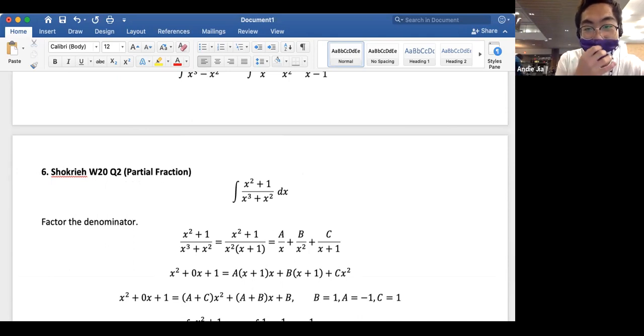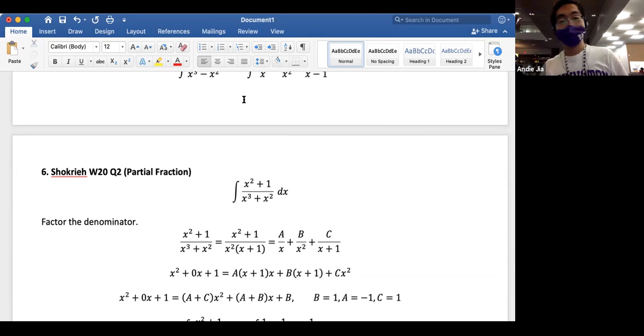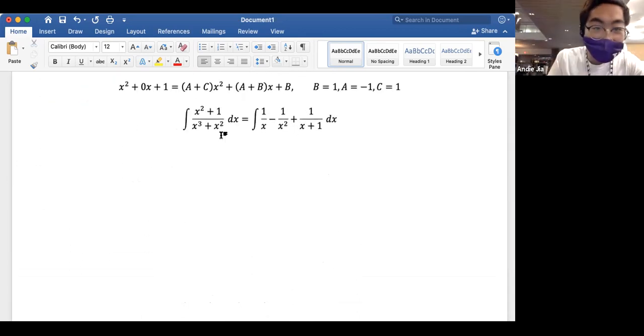You have 45 minutes. If you want more partial fractions, put 1 in the chat. Trig sub, trig integral, put 2, and integration by parts 3, approximation 4, improper integration 5, please.